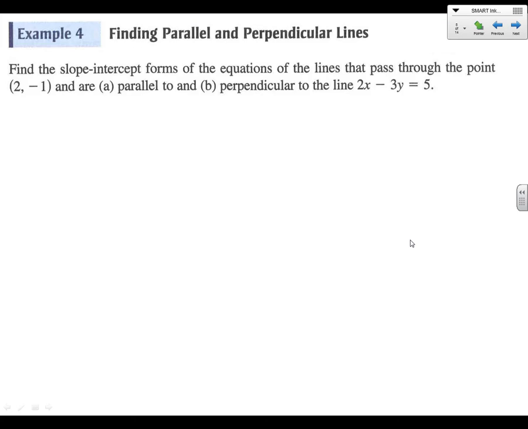So let's use that. Find the slope-intercept forms of the equations of lines that pass through this point and are parallel and perpendicular to this equation, 2x minus 3y equals 5. I really need to find the slope of this original equation, so let's do that first.